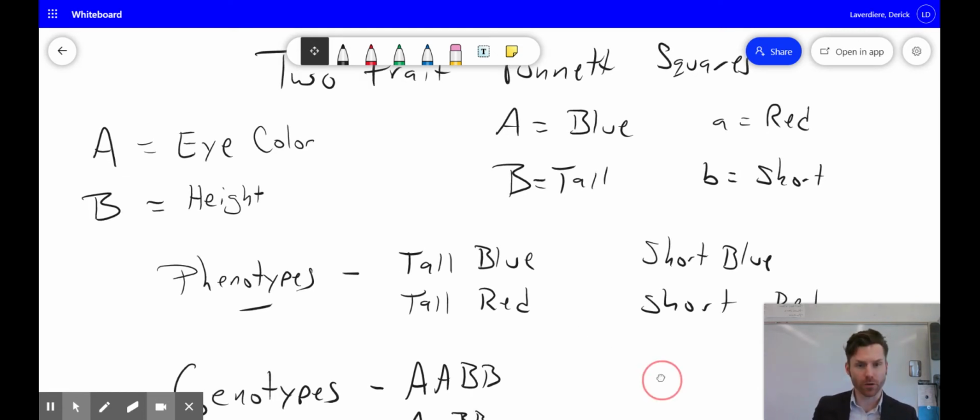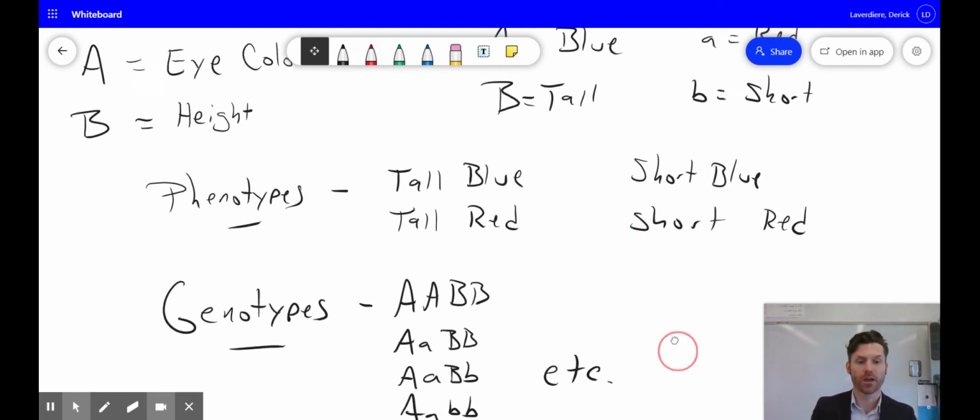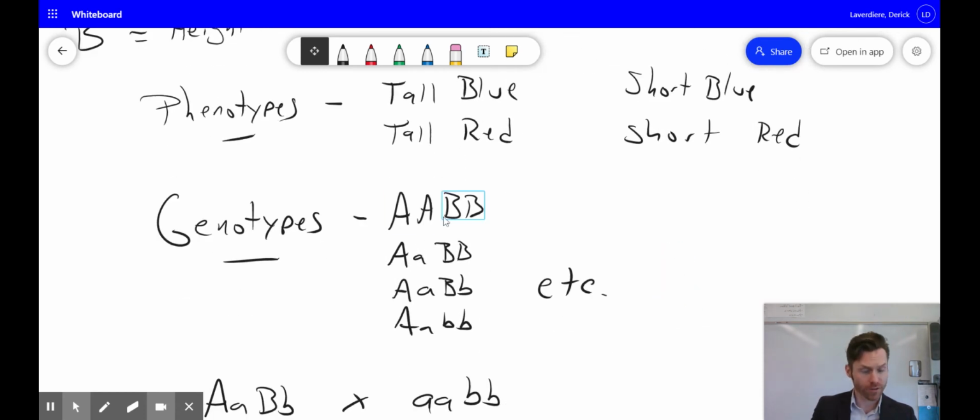So possible phenotypes for these two traits together would be tall with blue eyes, or tall with red eyes, short with blue eyes, or short with red eyes. Okay? They're together. So this is one phenotype. This is another phenotype. This is another phenotype. This is another phenotype. Okay? And our genotypes are also together.